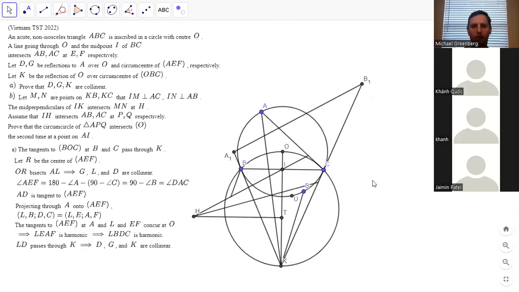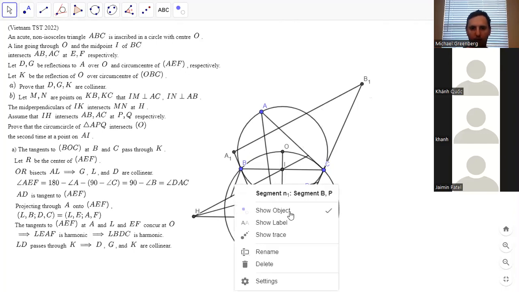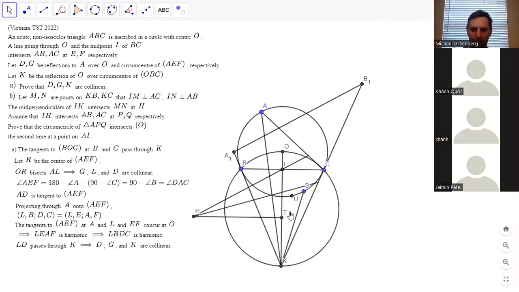Okay, so in KA1B1, I is the in-center, and then M and N are the feet of the angle bisectors.